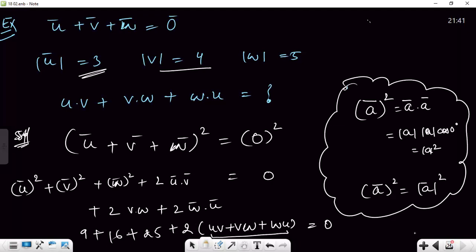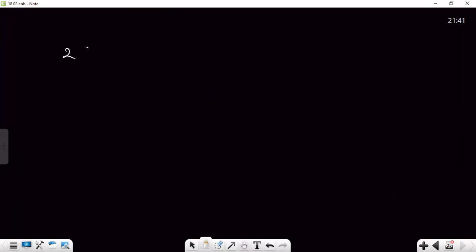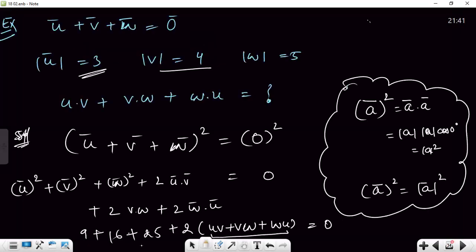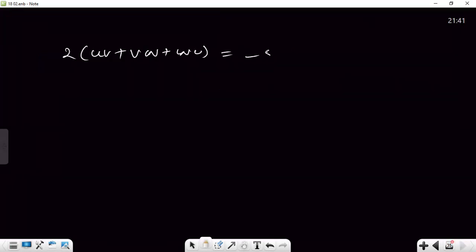So let's keep it on the left hand side and bring the remaining on the right hand side. First let's find the sum. 9 and 16 is 25, 25 and 25 makes it 50. So plus 50 goes to the right hand side, making it minus 50. u dot v plus v dot w plus w dot u is minus 50 by 2, minus 25 is our answer.